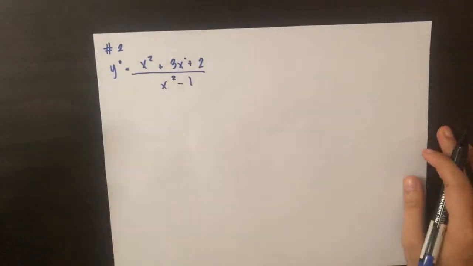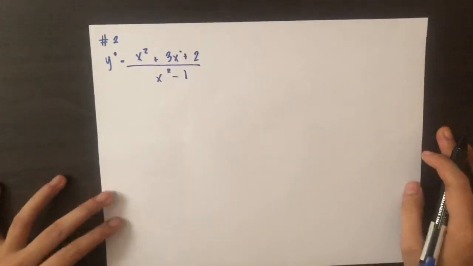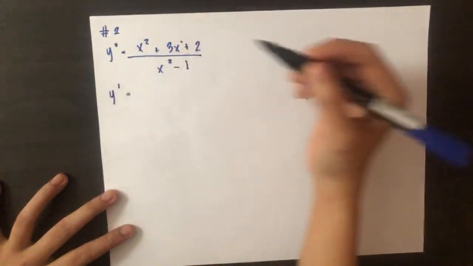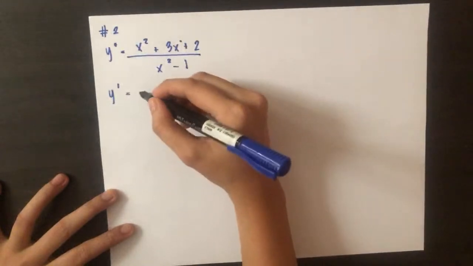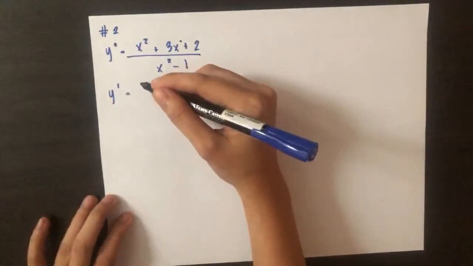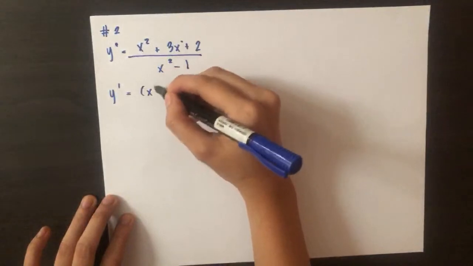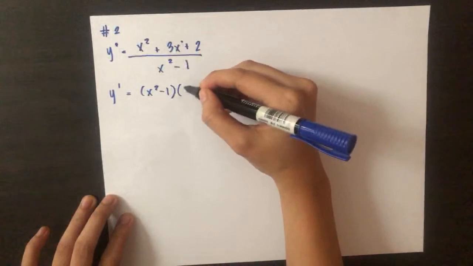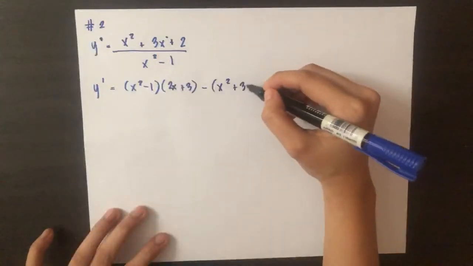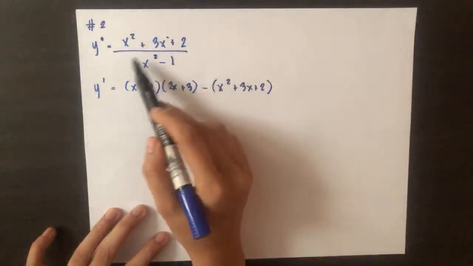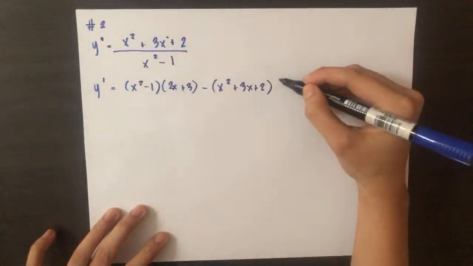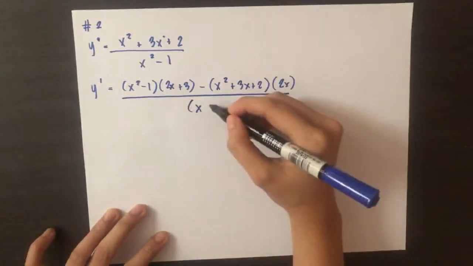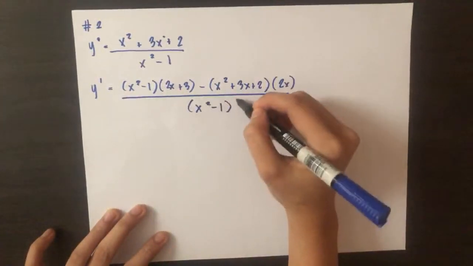So, quotient rule ulit to. So, the derivative is x squared minus 1. Kunin natin yung derivative nitong numerator. So, plus 3x plus 2 times yung derivative nitong denominator, which is 2x over x squared minus 1 squared.